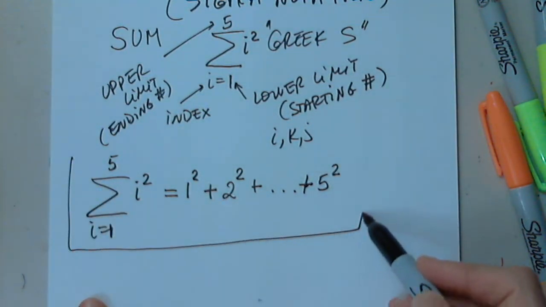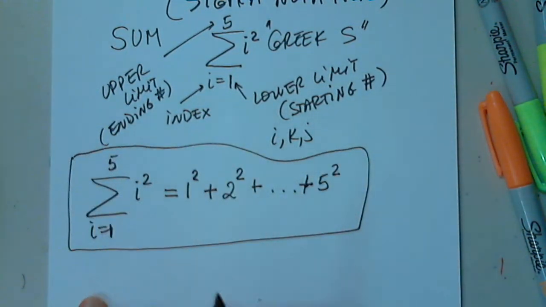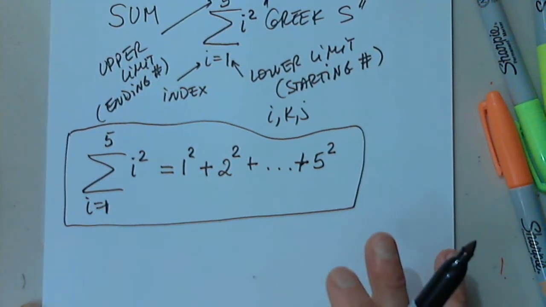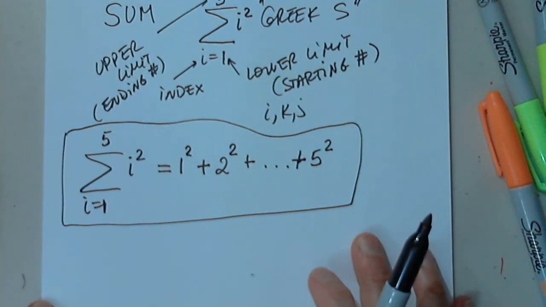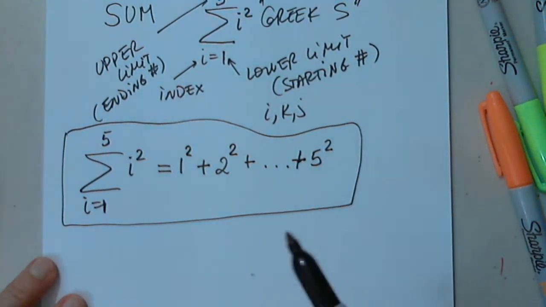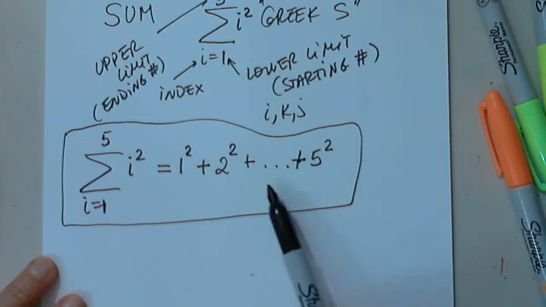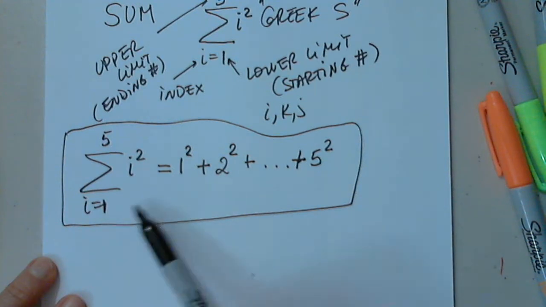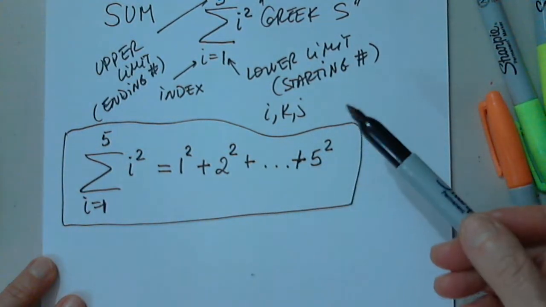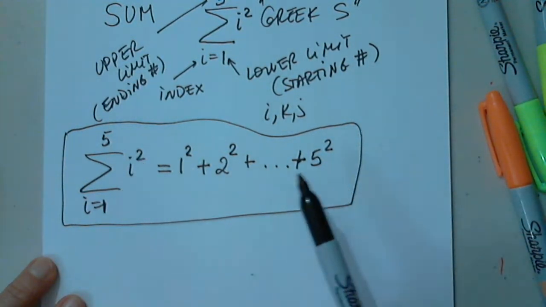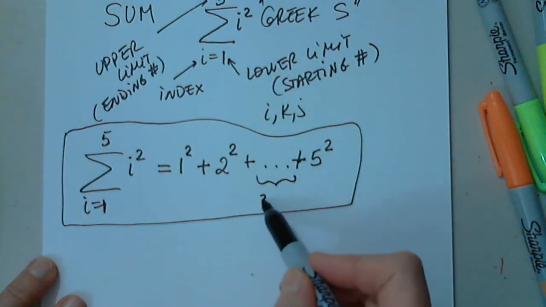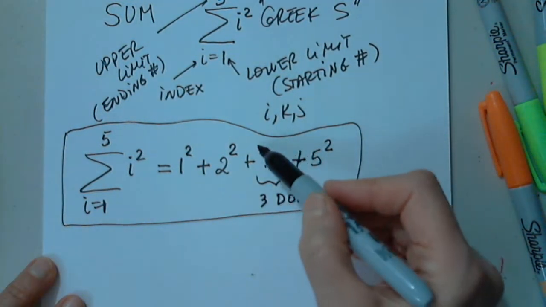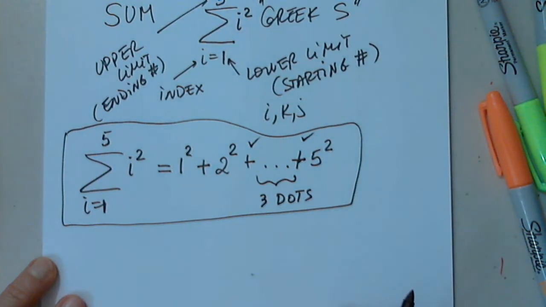This is a notation, but like any notation, it will come with properties. In a minute, I'll explain the properties of this notation. But now, what does this mean again? When i is 1, 1 squared plus. When i is 2, 2 squared plus. I don't have to list all of them. I can jump to the last one. I need to have exactly 3 dots and exactly 1 plus and 1 plus.